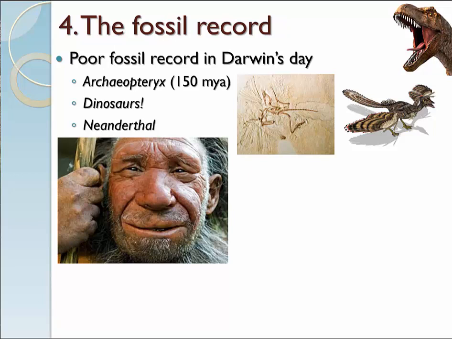And there's good evidence that Neanderthals and humans interbred at least several times in the past. And most Europeans carry between 2 and 3% Neanderthal DNA. So if you're of European descent, then it's very likely you're carrying some Neanderthal in you.